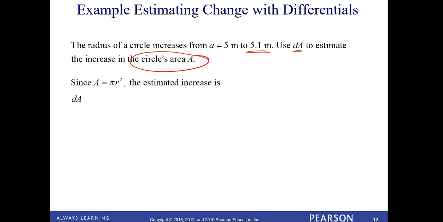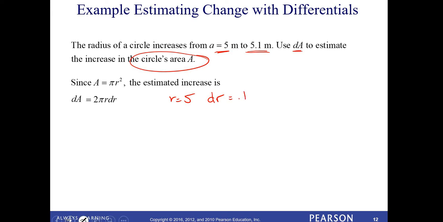Go ahead and do your derivative, see what you get. So 2 pi r dr. I know that my radius was 5 to begin with, and I know that dr, or my change in my radius, was 0.1.